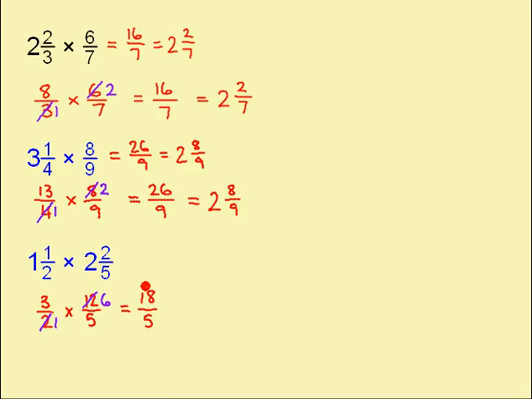So this is the answer as a top-heavy fraction. 5 goes into 18 3 times with a remainder of 3. This goes back over the 5, so our answer as a mixed number is 3 3/5. So the answer to the question is either 18 over 5 or 3 3/5.